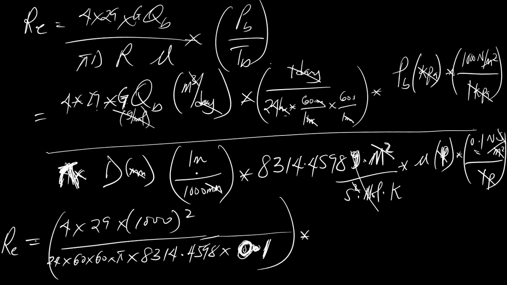So times, you have up here G times QB divided by D mu, times temperature in Kelvin.